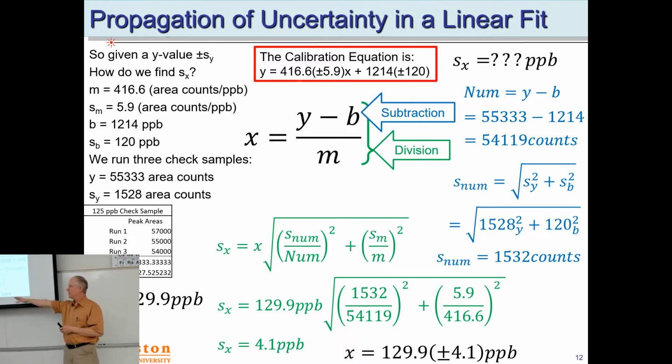But notice at least, if that's, say, 60%, then we have a 20% chance of being too high and a 20% chance of being too low. So we missed our check sample value of 125 parts per billion, but with the plus or minus, our 60% confidence interval, that's not that surprising. If we put in, say, 95% confidence, we would definitely capture that 125. So our bias is not too big.